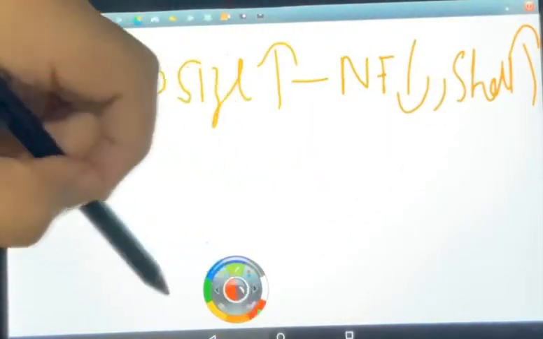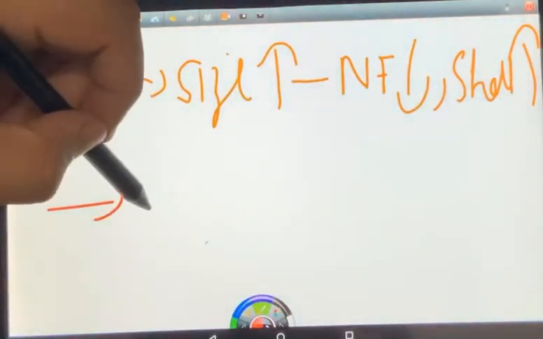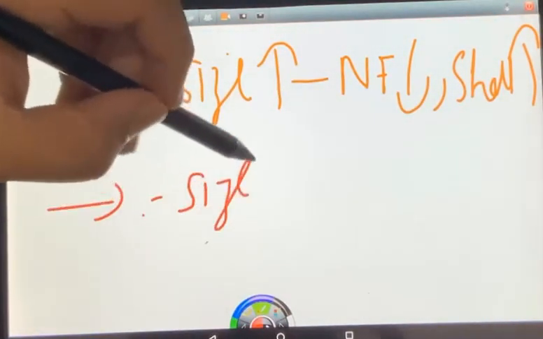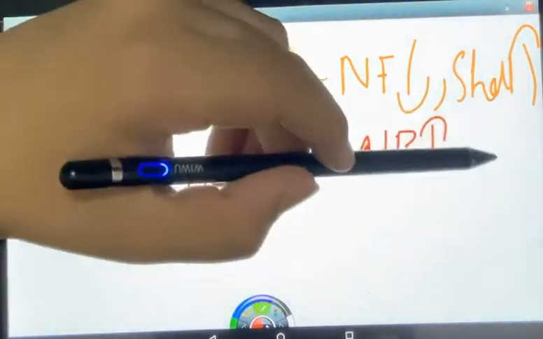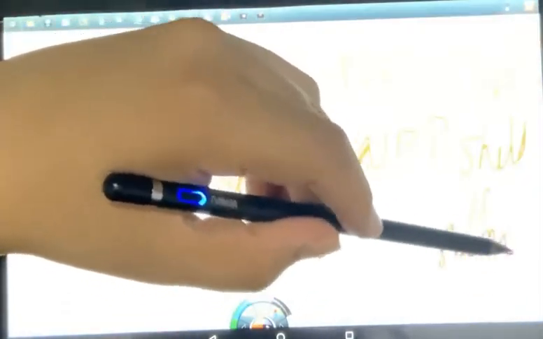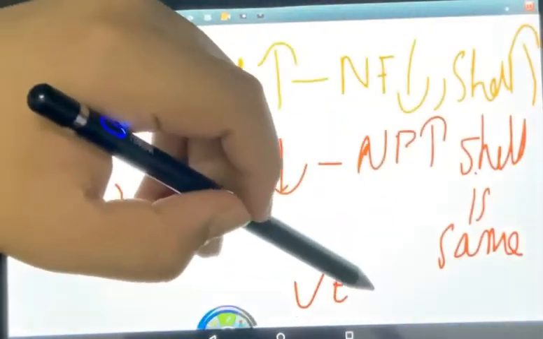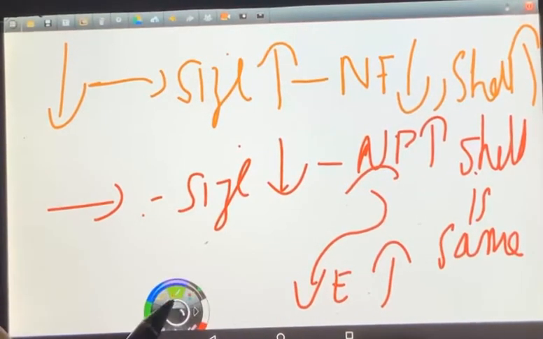Whereas left to right in the period, the size decreases, the nuclear force increases, and the shell is the same, but the valence electrons increase. And because of this increase in valence electrons, the nuclear force is also increasing. You can take a screenshot of this. This is the summary. Just wait, one more result is important.